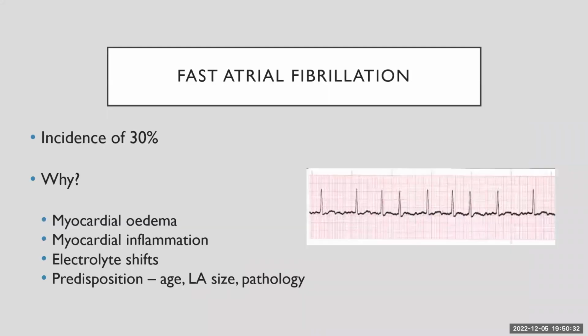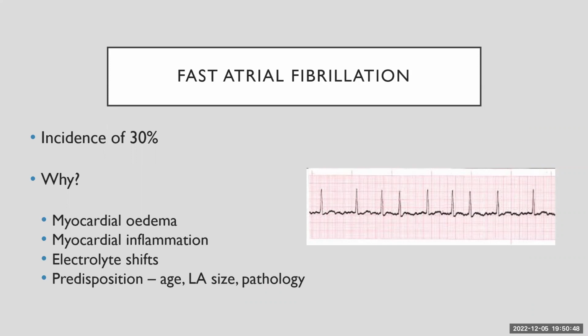The commonest dysrhythmia experienced following cardiac surgery is atrial fibrillation, fast AF. The incidence of this is very high. It happens to about a third of patients following cardiac surgery, so it's very common.